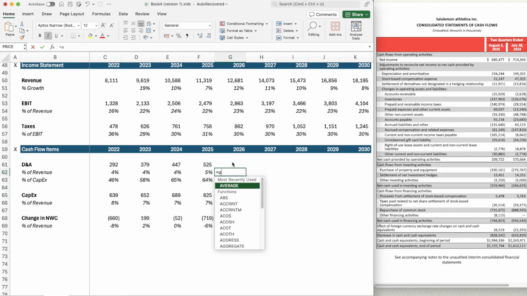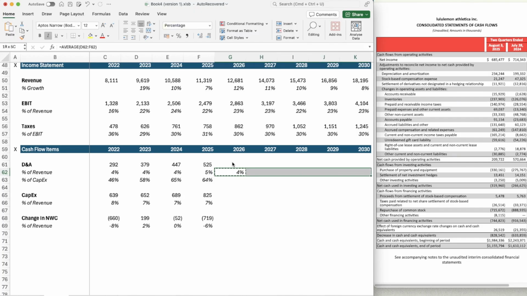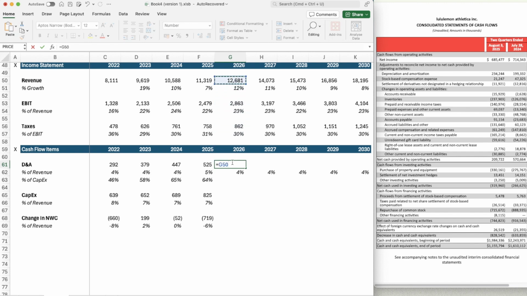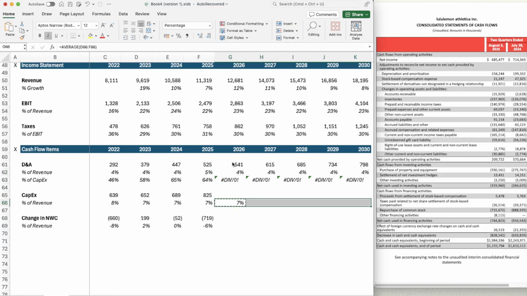We're expecting depreciation and amortization to be about 4% of revenue. So let's take the revenue. Do the same here. CapEx to be about 7% of revenue.